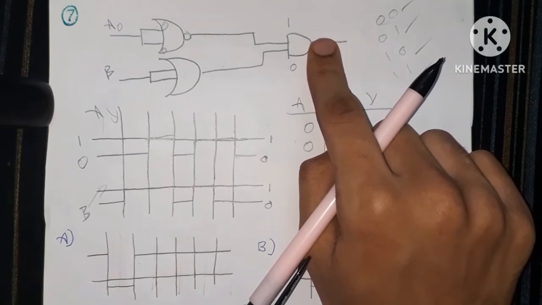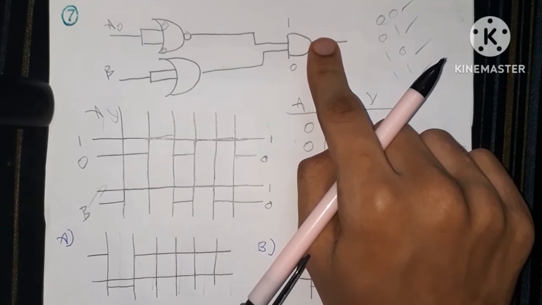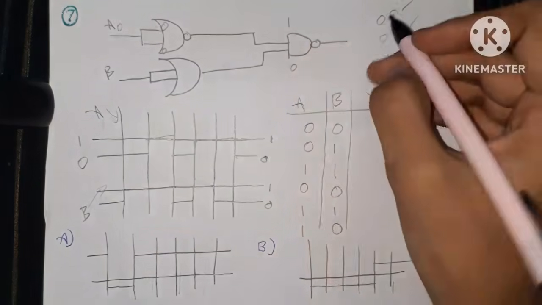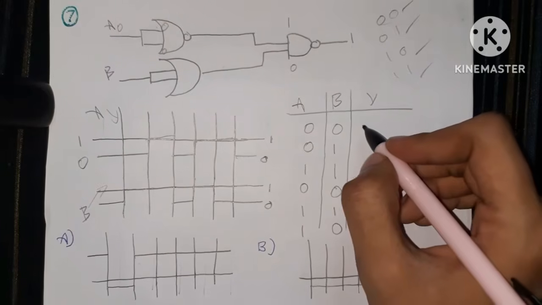Close this and think for some time. For an AND gate, an input of 1 and 0, what will be the output? It will be 0, but there is a NOT gate attached to that. The AND gate gives 0, but the NOT gate will transform that and change it to 1. So we will get 1 here.